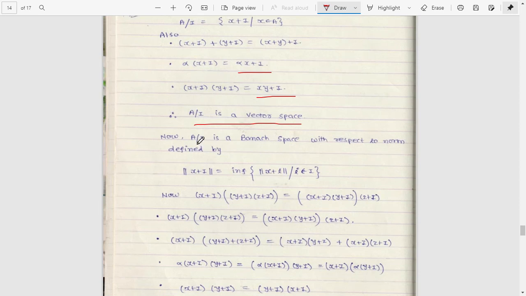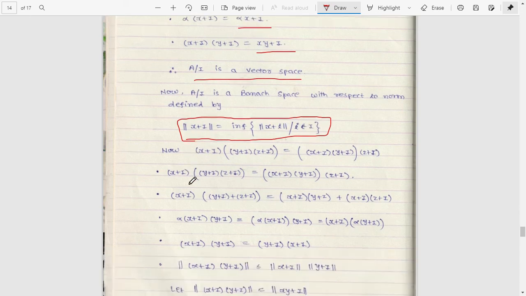Now A quotient I is a Banach space with respect to the norm defined by norm of x plus I is equal to infimum of norm of x plus i where i belongs to I.